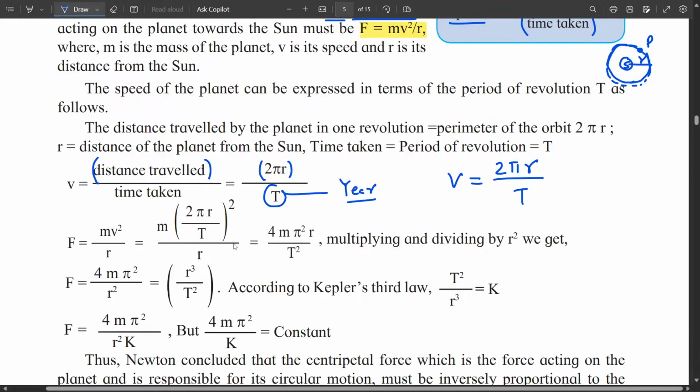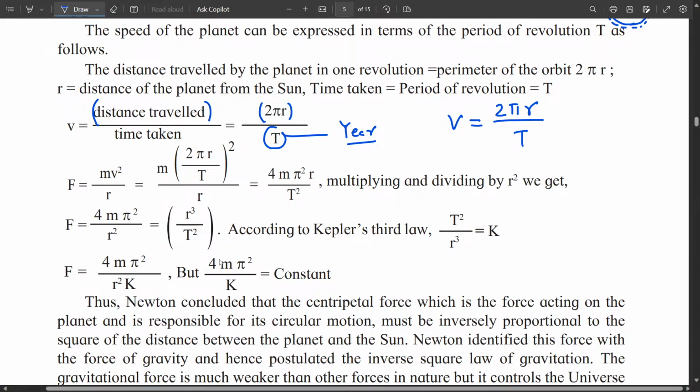Now if we put this value of v in the equation, F is equal to mv square upon r, what we will get? We will get F is equal to m as it is, v square, that means (2 pi r upon T) whole square, divided by r.